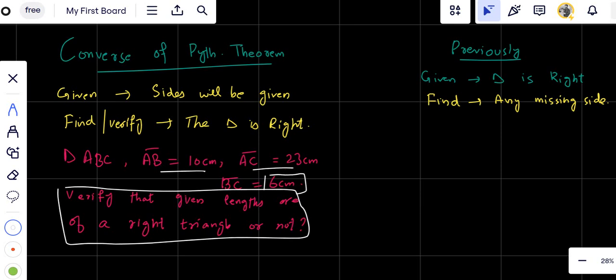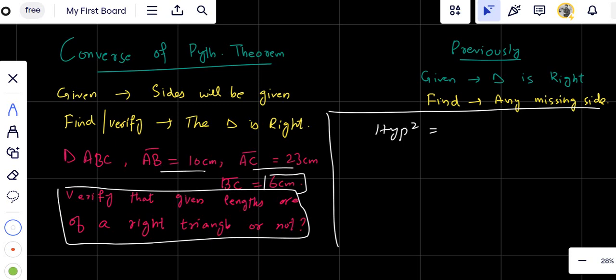So the only thing we need to focus on here is to figure out which one is the hypotenuse. This is Pythagoras theorem: hypotenuse square equals opposite square plus adjacent square. How can we figure out which side is the hypotenuse?